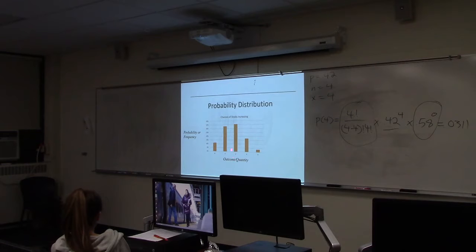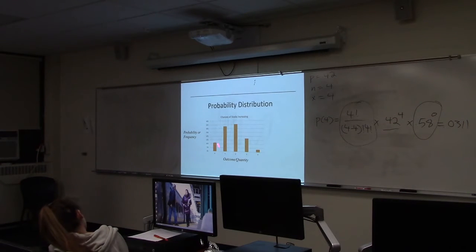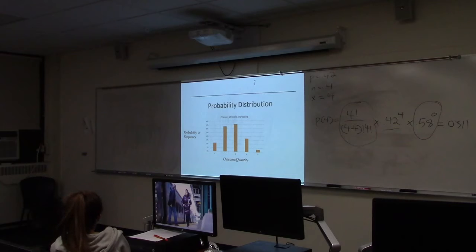How about the chances of 2 stocks increasing? What's the probability of that happening? Yeah, about 36. All right, what are the chances of 0 stocks? So you pick 4 random stocks at the beginning of the day. What are the chances that all 4 of them decrease? 0 stocks increase. What's the probability of that happening? Yeah, about 11%.